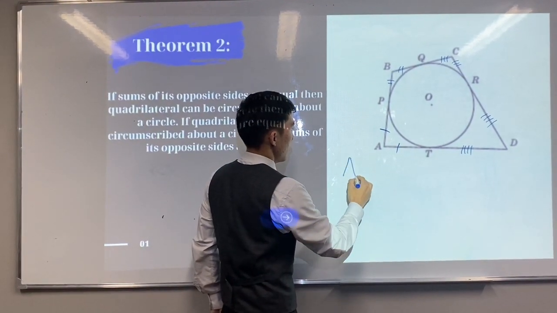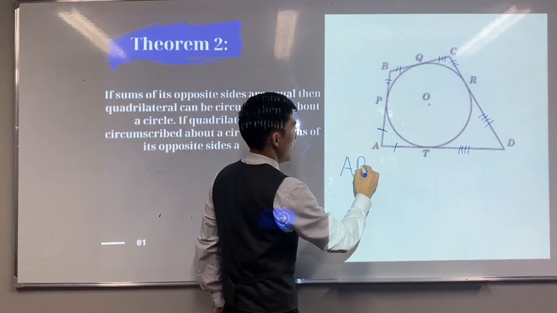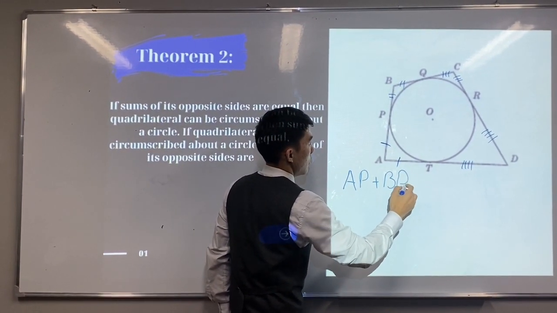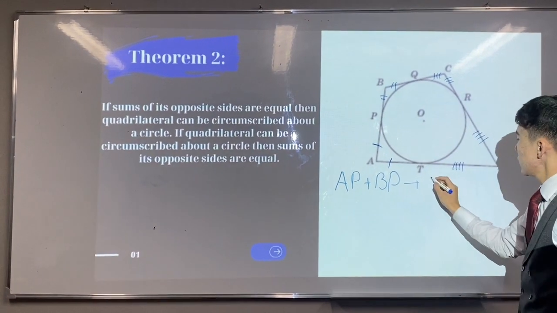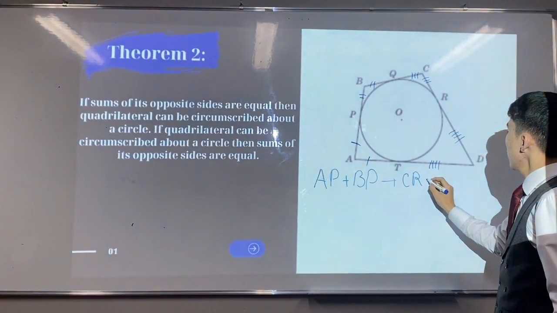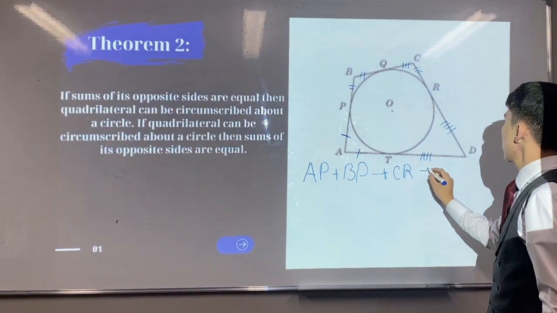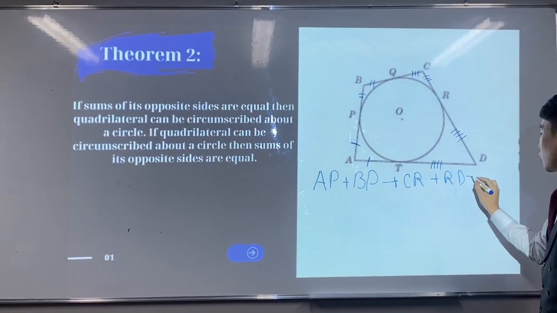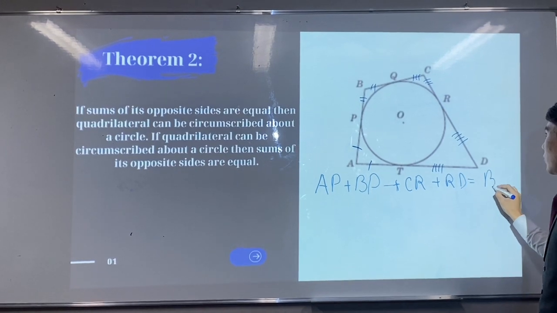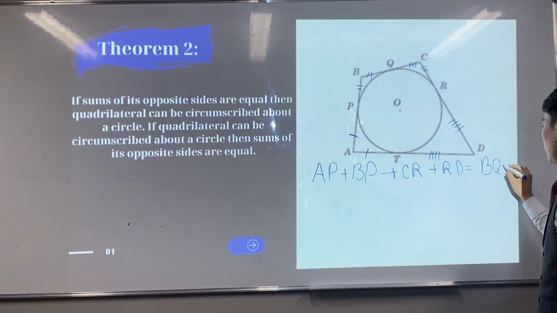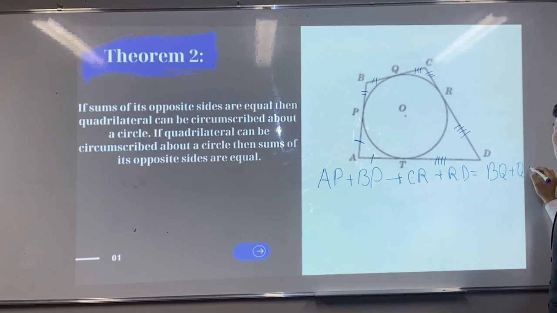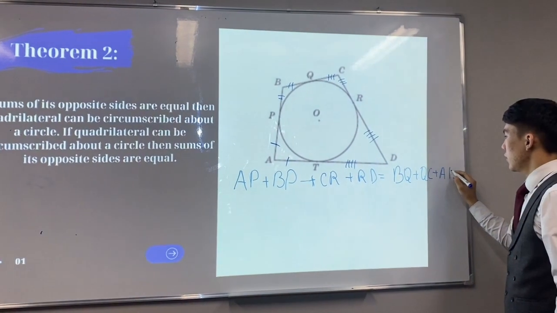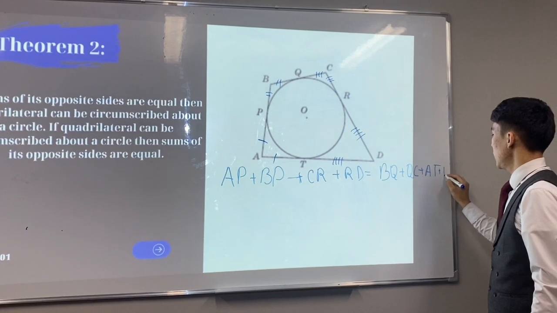AP plus BP plus CR plus RD equals BQ plus QC plus AT plus TD.